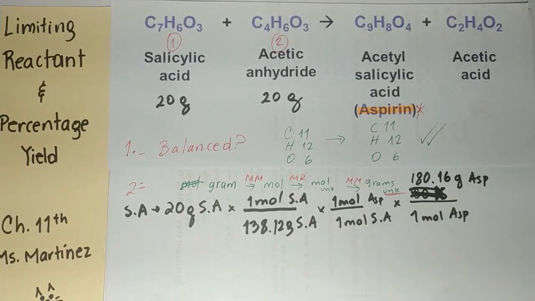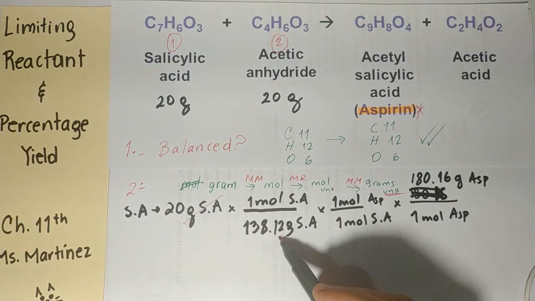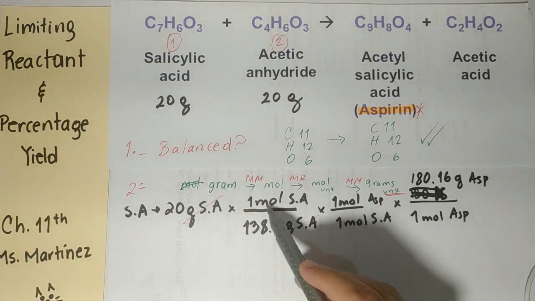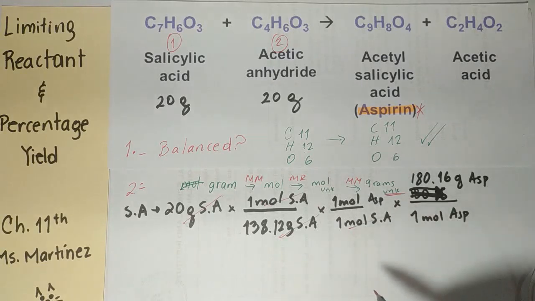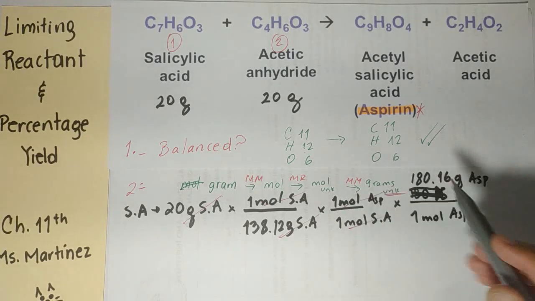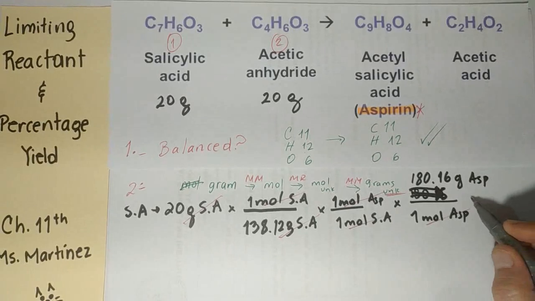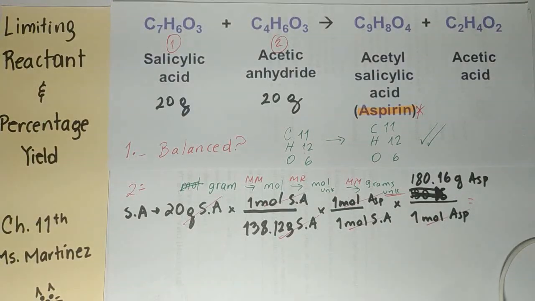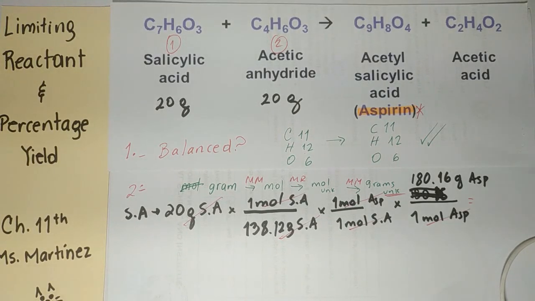So here we can cancel all those units that we don't need anymore. Grams of salicylic acid with grams of salicylic acid, moles of the same substance, moles of the same substance, moles of aspirin with mole aspirin, and the final answer will be, remember, everything on the top will be multiplied, everything on the bottom will be divided.